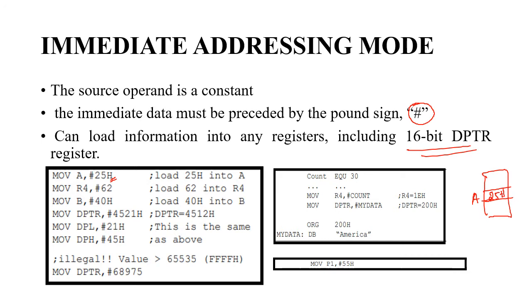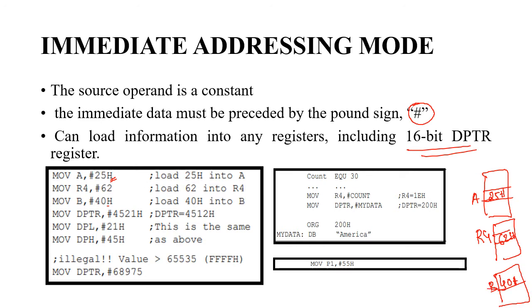Similarly, in case of MOV R4, #62h, the R4 register will be loaded with the value 62h. In case of the third instruction, MOV B, #40h, it will load the data 40h into the address represented by the register B, or we can simply say that the B register will hold the value 40h.